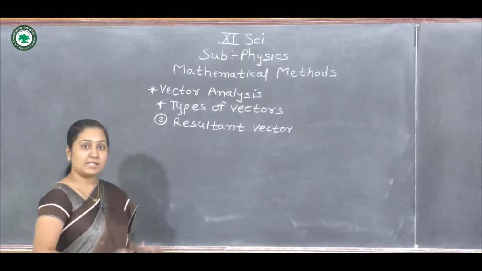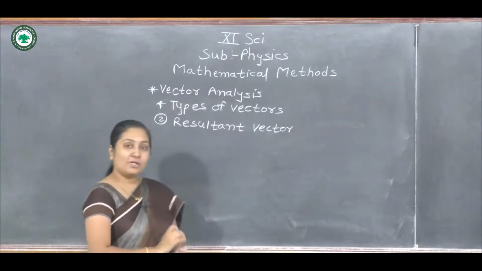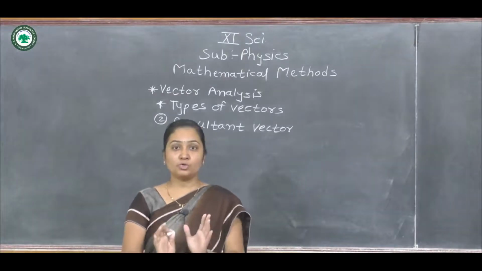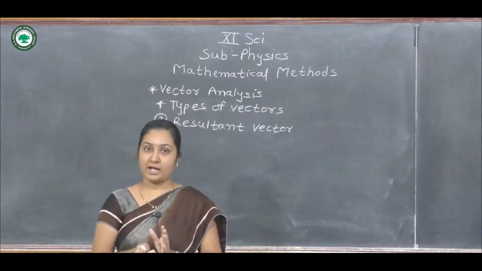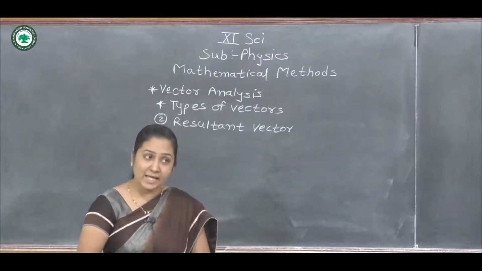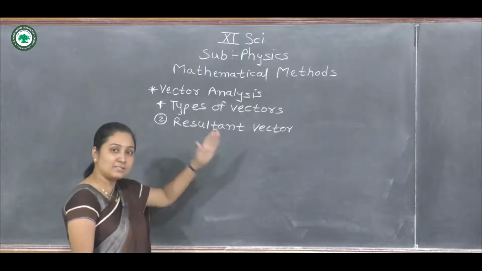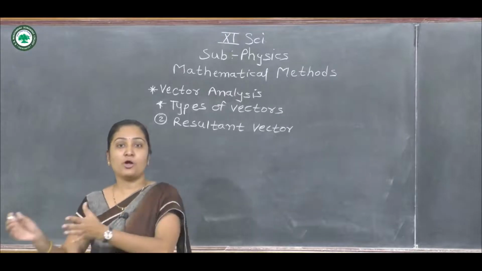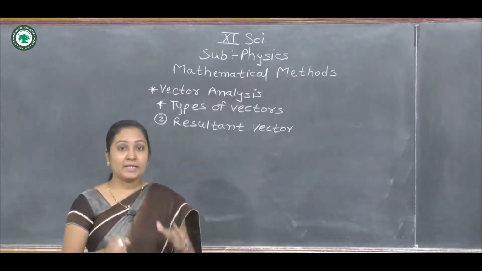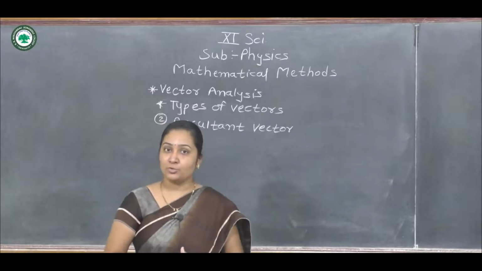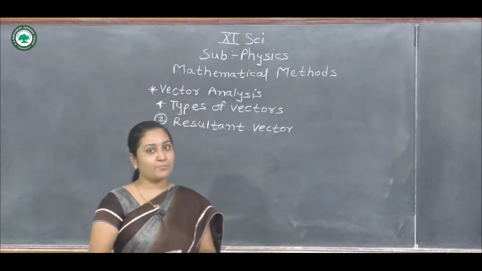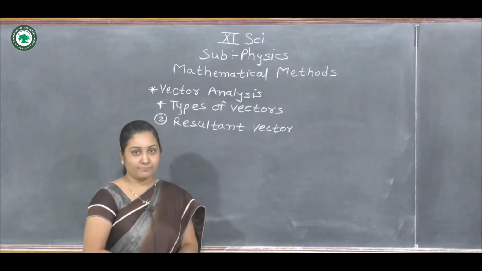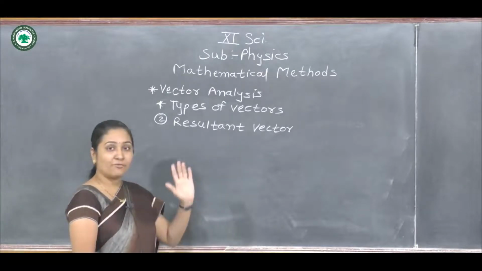Resultant vector means, suppose there are two or more vectors. Then the resultant vector is the resultant of those two or more vectors. It gives the resultant value of those vectors which are acting on that object. So this is nothing but the resultant vector.